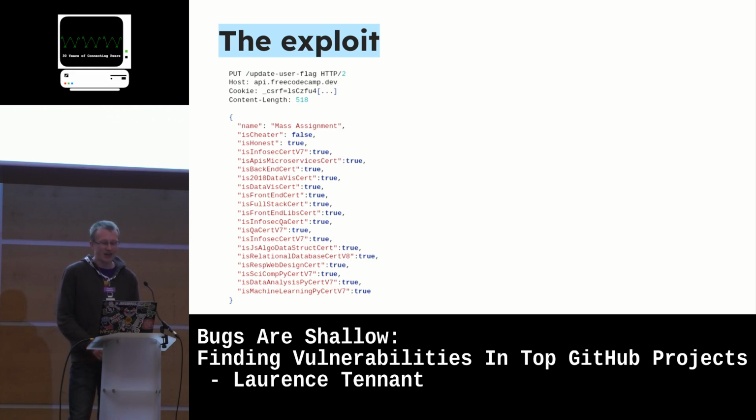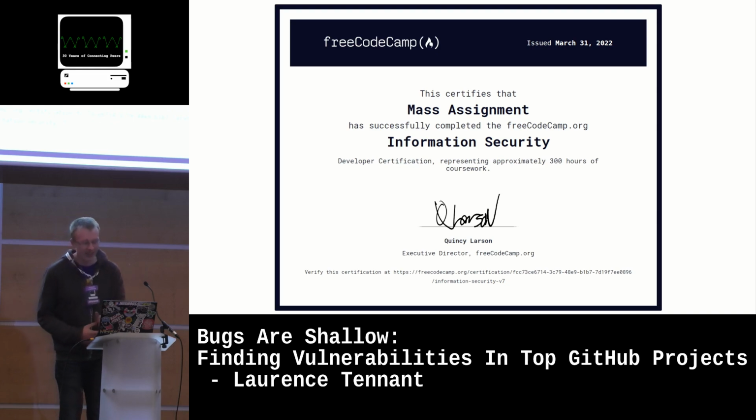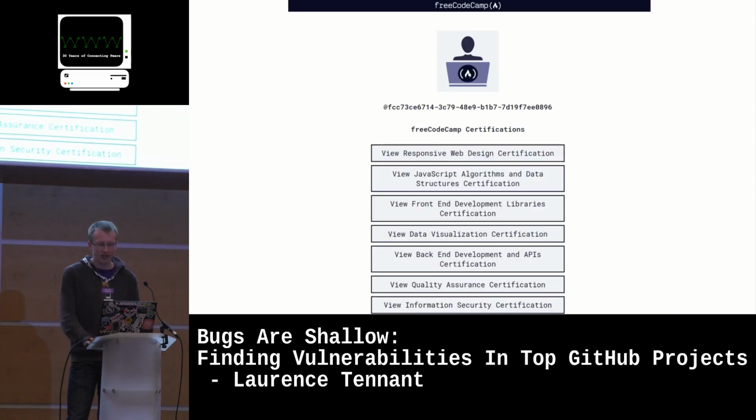So I sent off that request and I looked at my profile, and next thing I knew, I had a whole bunch of certificates signed by Quincy Larson, the head of freeCodeCamp itself. There were some of the other certifications I had on my profile, which I worked out amounted to over 6,000 hours' worth of studying, which I didn't do.